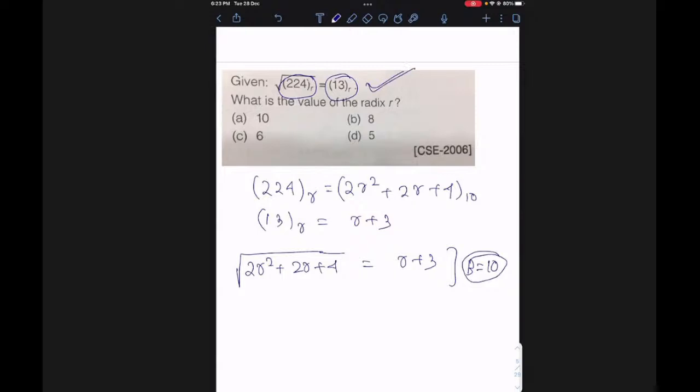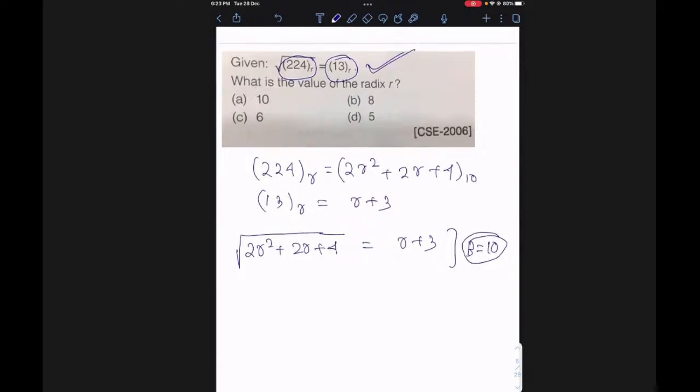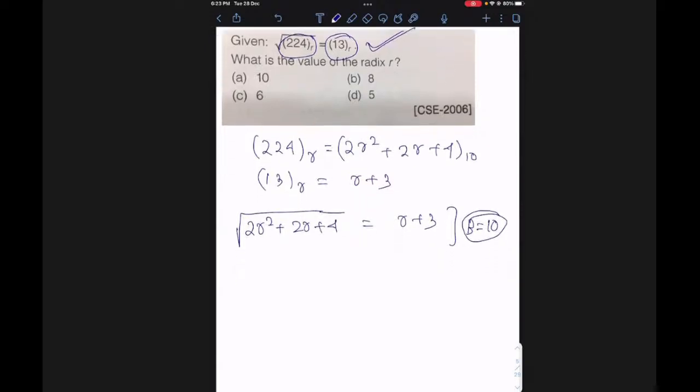The equation originally given may not be in base 10. So now we can do the square, but I could not apply the square directly before because I don't know whether it is base 10 or not. So if I square both sides now, the equation is 2r square plus 2r plus 4 equals r plus 3 whole square, which is r square plus 6r plus 9.